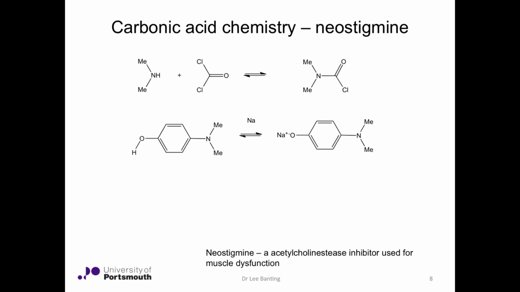However, if we take a phenol and react with sodium under certain reaction conditions, we can form a phenoxide. And we've met this chemistry before in the alcohols unit. And phenoxides are more nucleophilic and can attack the electrophilic carbon at that position.